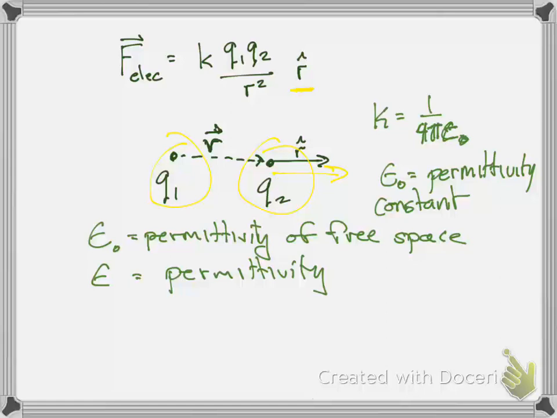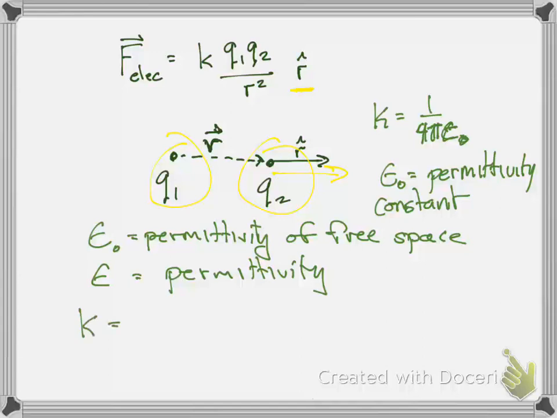And so we would just have K as 1 over 4 pi epsilon, and epsilon would be the permittivity of that particular material. We will mostly be talking about charges in free space, so we're not too worried about permittivity of materials yet. That'll come up later when we talk about capacitance and put materials between capacitor plates, but for now we're just talking about free space.